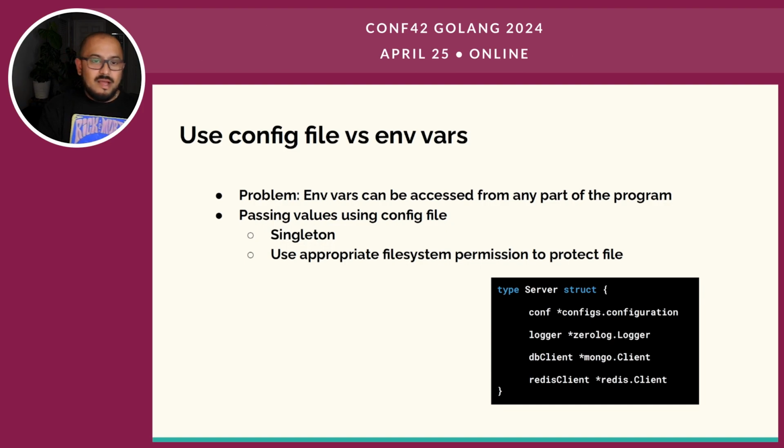Instead of that, you could pass the secret from a config file, because now when you load the config file and pass it to each function which requires it, through a direct argument or dependency injection, a single instance of that configuration is being passed around throughout the program. And also you can lock the file with file system permissions as well. So I find it much more gated compared to environment variables. So here's an example of a server struct which has the configuration as a dependency, and you can pass it using a pointer receiver.